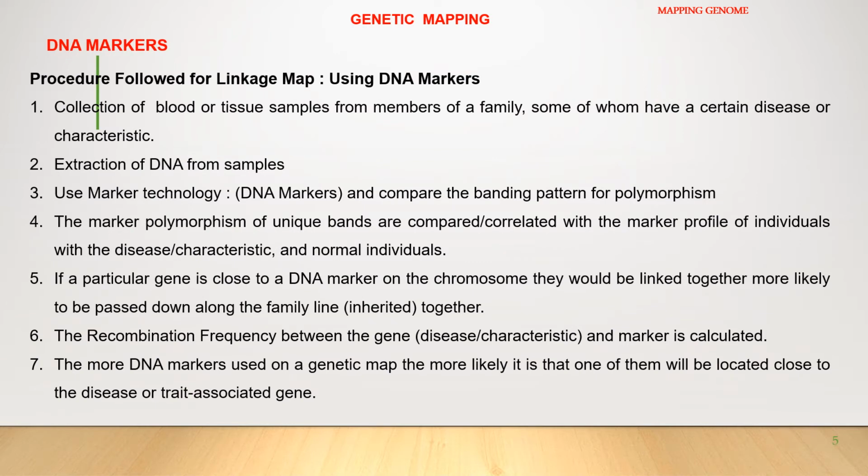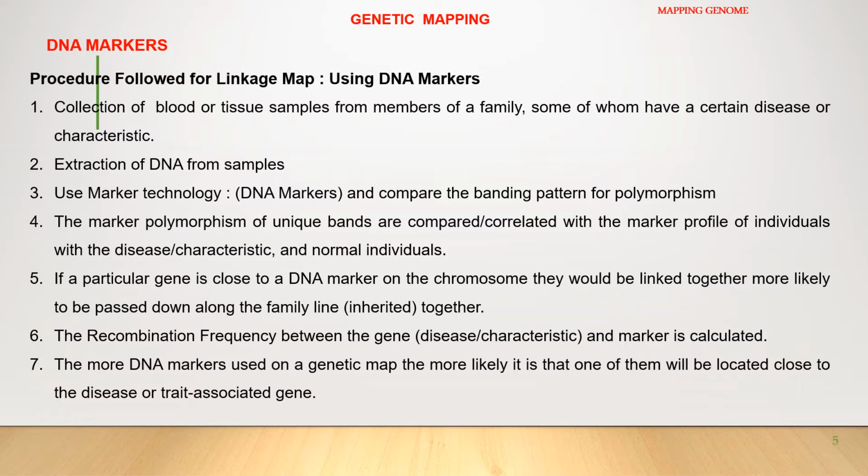Procedure for constructing linkage map using DNA markers. First, collection of blood and isolation of DNA samples from members of the family. It includes both normal individuals and individuals with certain disease or characteristics.